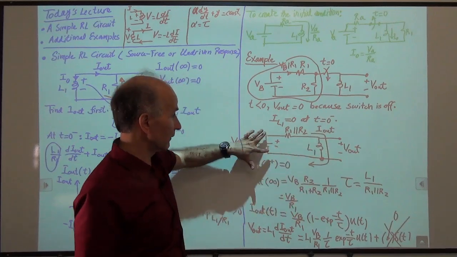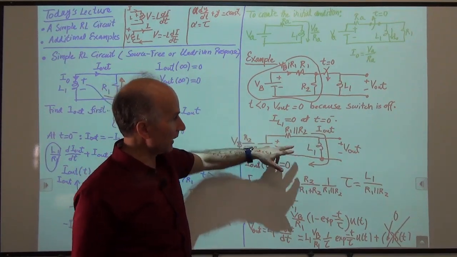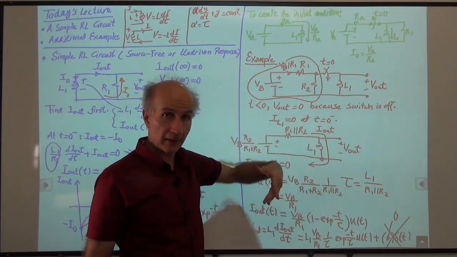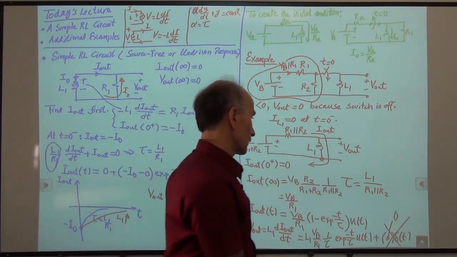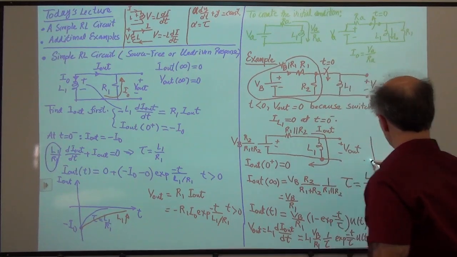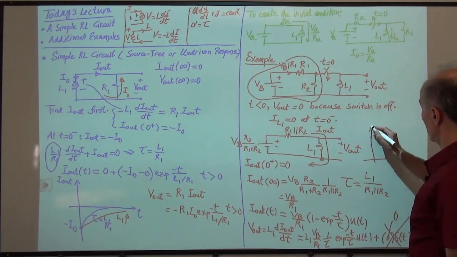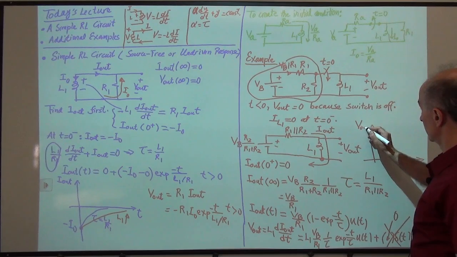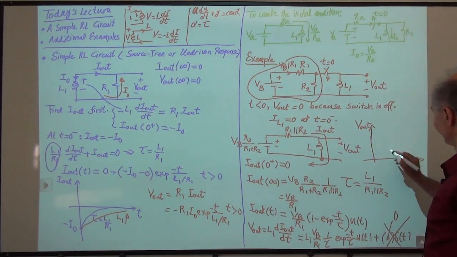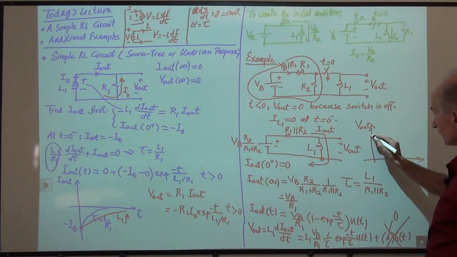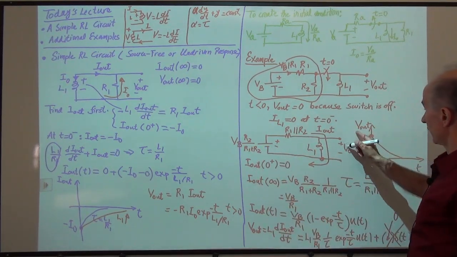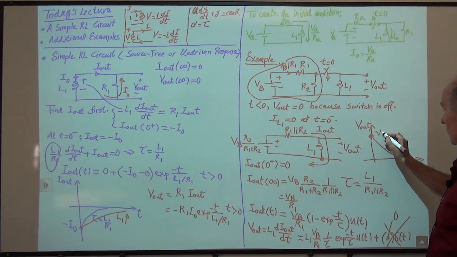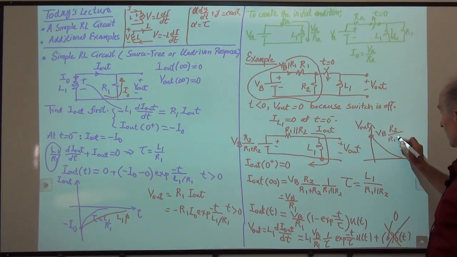So this voltage is equal to this voltage, and as time goes by, this voltage goes towards 0 because the inductor acts as a short circuit at time infinity. So the voltage as a function of time will look like this. And this value is this guy here. I don't have room on this side, so I will write it here: VB R2 over R1 plus R2.